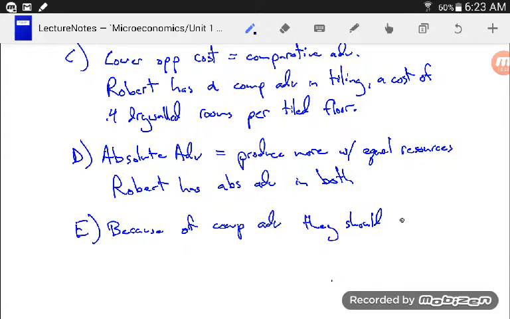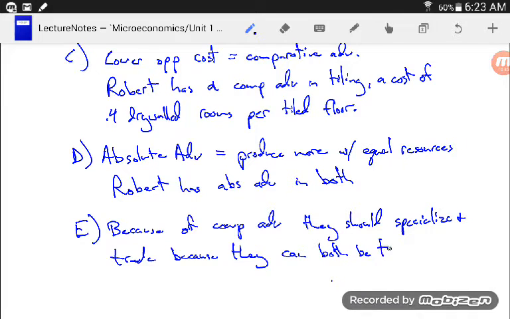They should specialize in trade because they can both be better off. Oops. Better off. There we go.